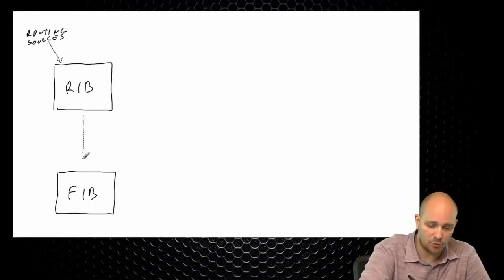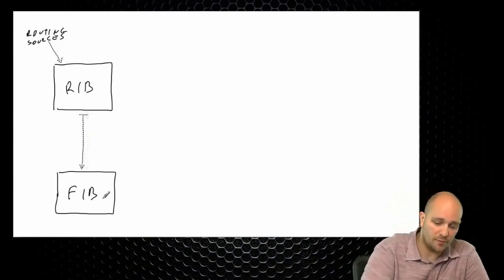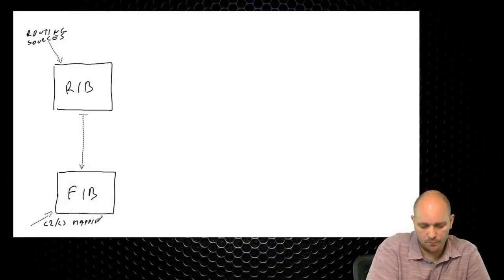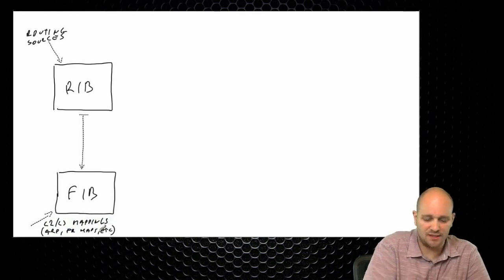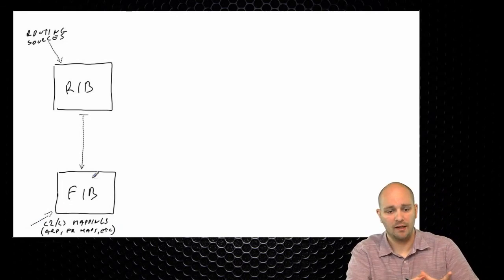The information that is going to be feeding the FIB is actually going to be information from the RIB, but also information from layer 2, layer 3 mappings, like for example ARP tables, frame relay maps, etc. So this is the information that is going to be fed into the FIB, together with the RIB, to make up our forwarding information base.